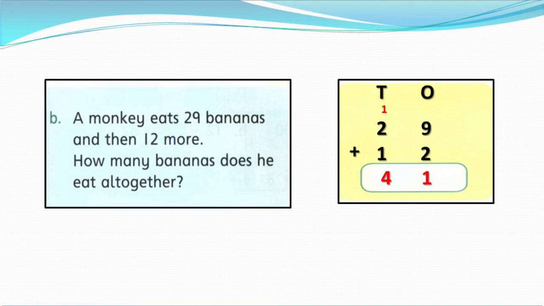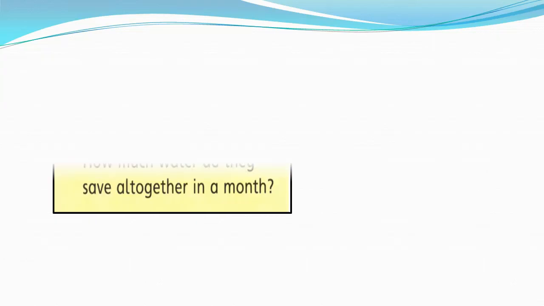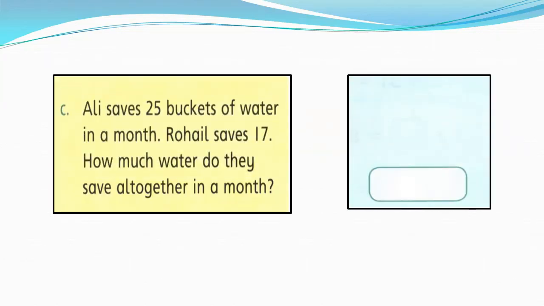Now in part C, Ali saves 25 buckets of water in a month. Rohel saves 17. How much water do they save altogether in a month? Let's find out. Ali saves 25 buckets of water and Rohel saves 17.